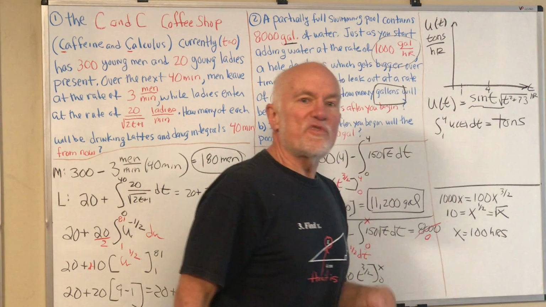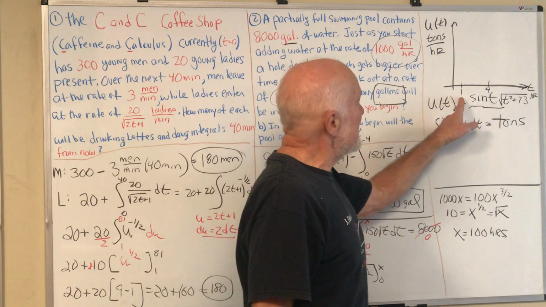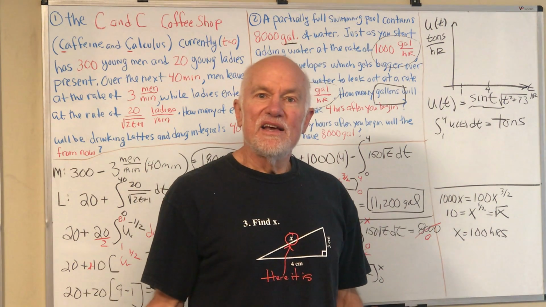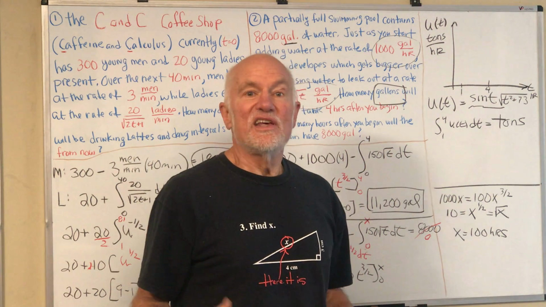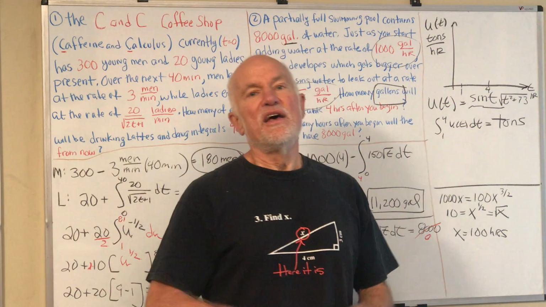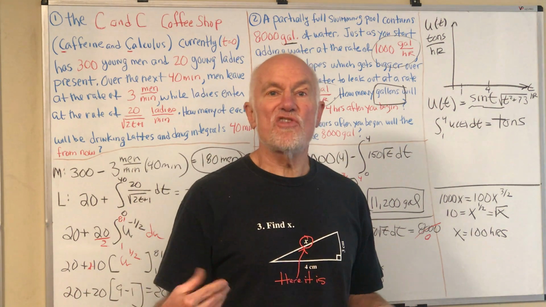It's going to be the number of tons of unprocessed gravel that arrived at the plant between time 1 and 4, which might be something that you want. So the point I'm trying to make is, anytime you have a function, there might be an application of an integral. And then again, there might not, but in many cases there will.